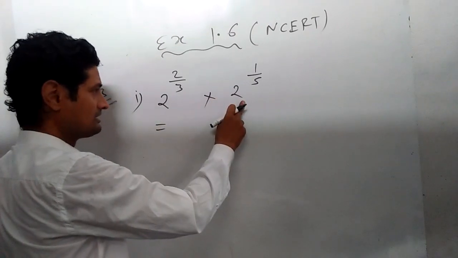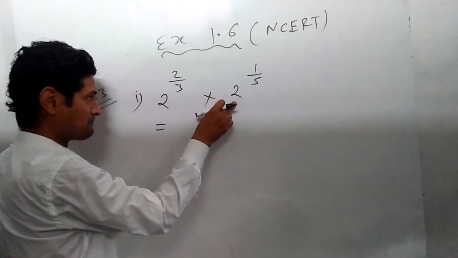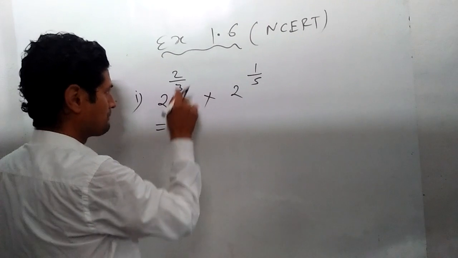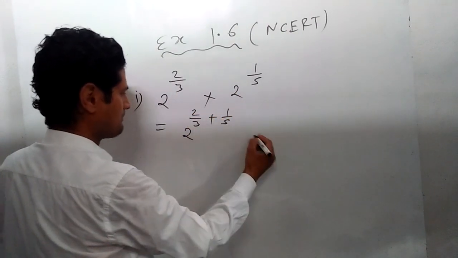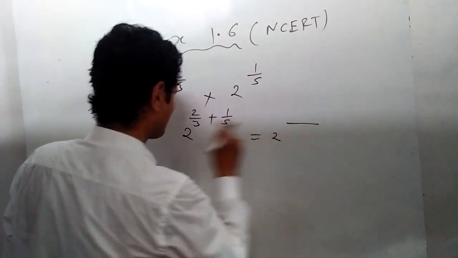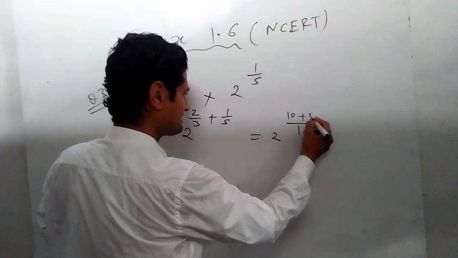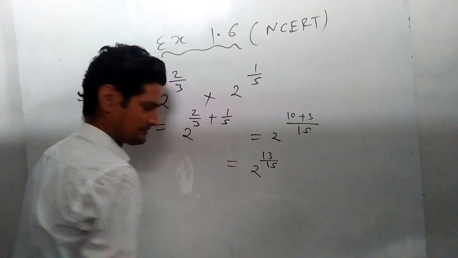Base is the same, it means the powers will be added to each other. So 2 to the power 2 by 3 plus 1 by 5 is equal to 2 to the power, take LCM, 15. This will be 10 and this will be 3. It means we can write 13 upon 15.